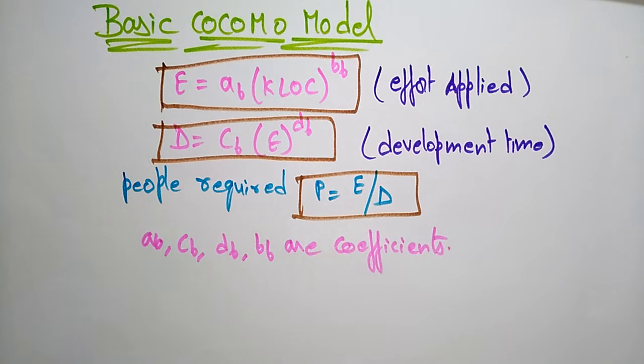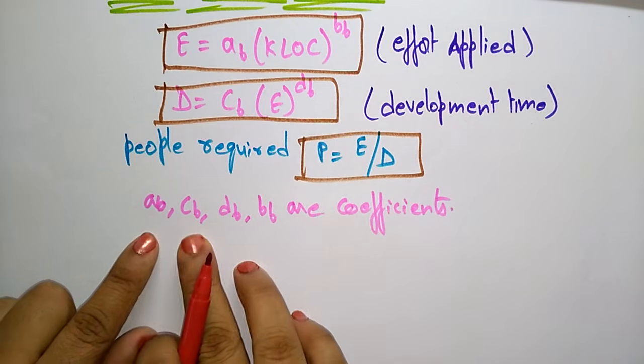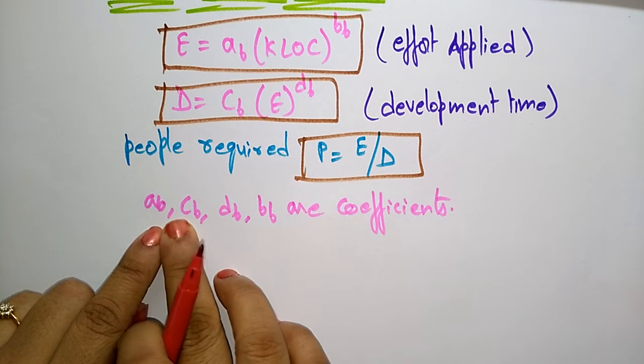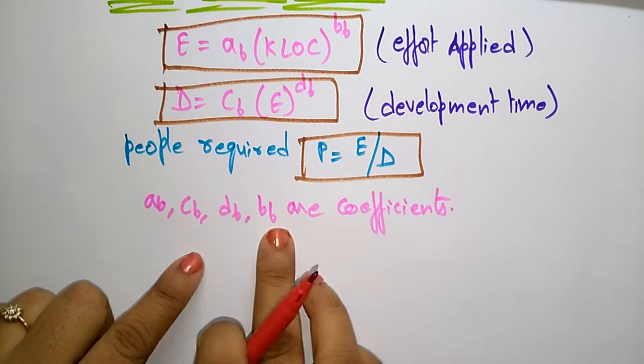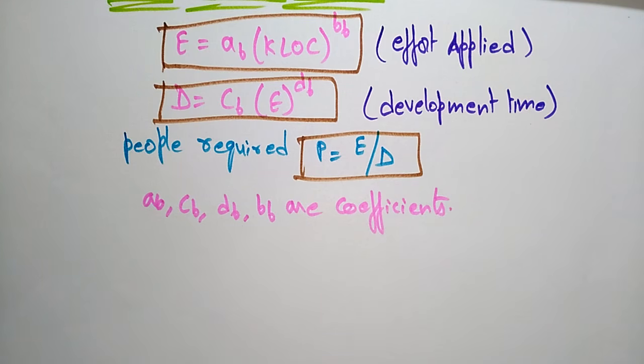There is a standard table for the coefficient values for ab, bb, cb and db. For all these coefficients there are standard values. Whatever software project you have taken, you use the organic, semi-detached or embedded classes. Let me explain that.